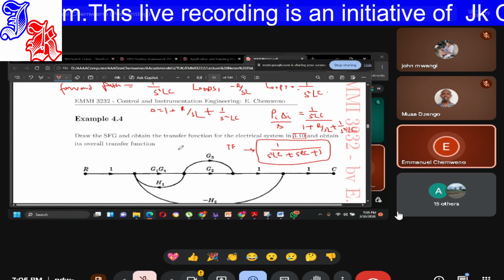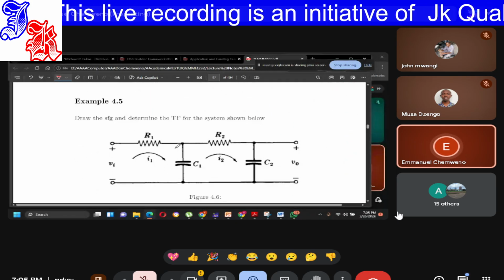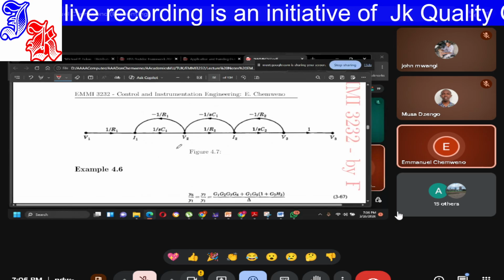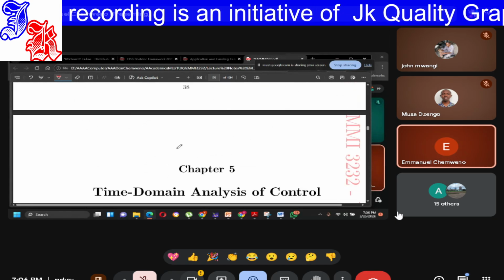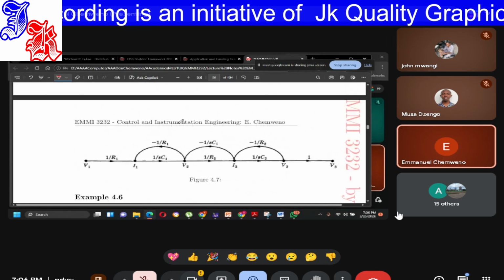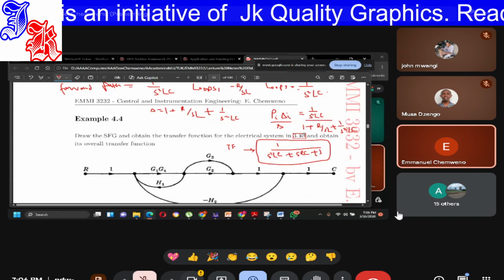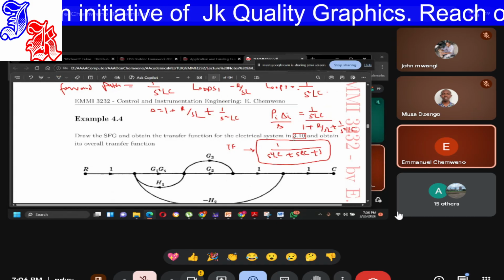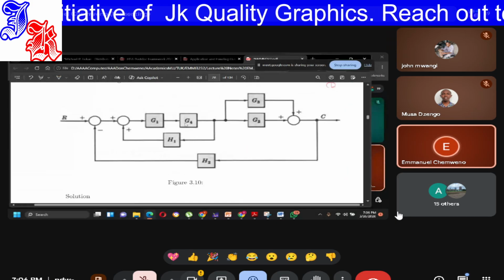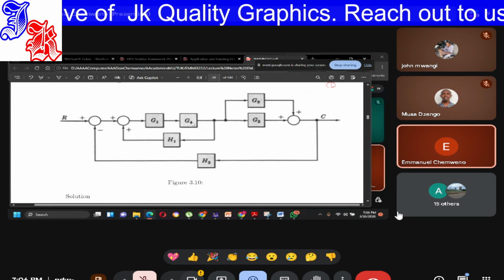Now, we also have 3 more examples, and I think I will rush through them so that you can end them. Another example, 310, yeah, this one.